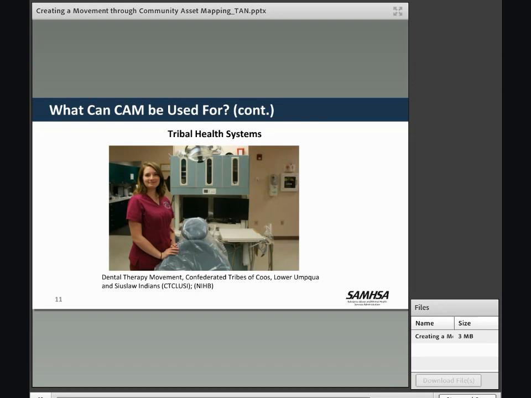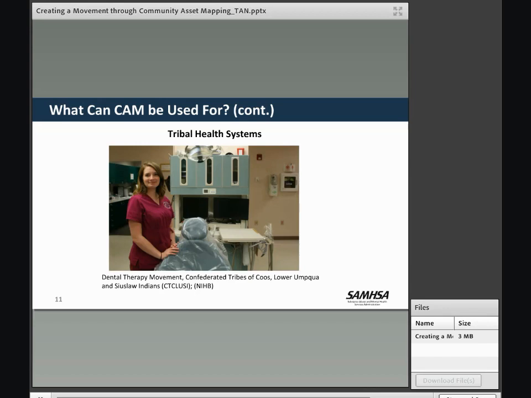And it can also be used for tribal health systems. The image you see in the slide is from the Confederated Tribes of Coos, Lower Umpqua, and Siuslaw Indians. They're also a tribe that's federally recognized here in Oregon, where Vicki and I are at the moment.